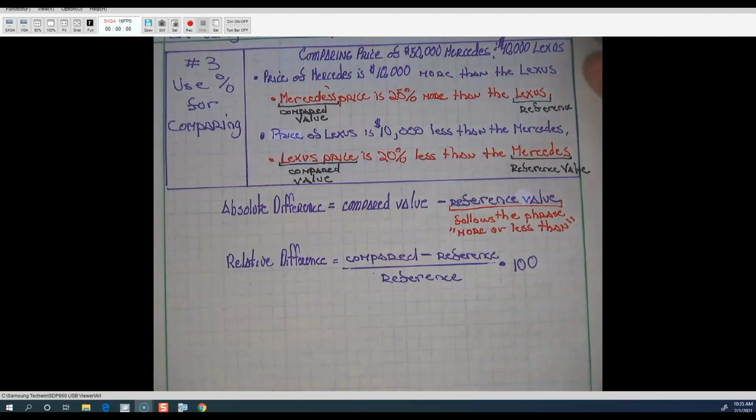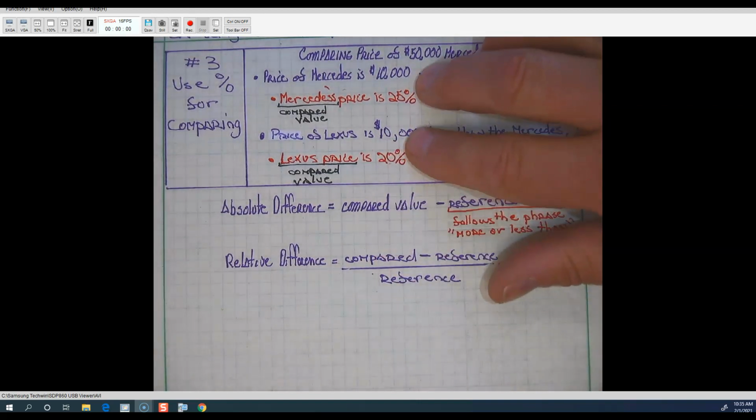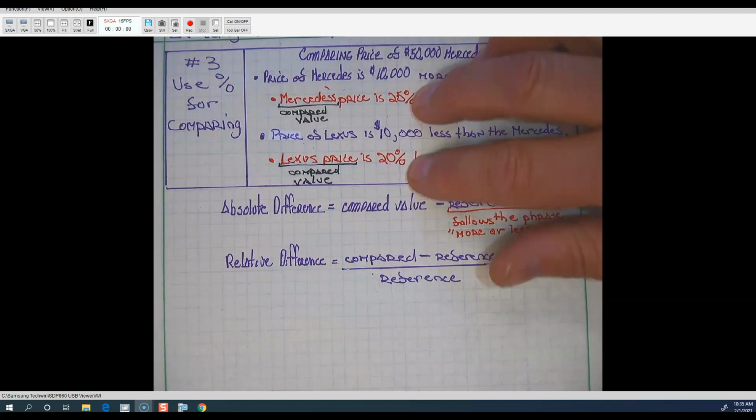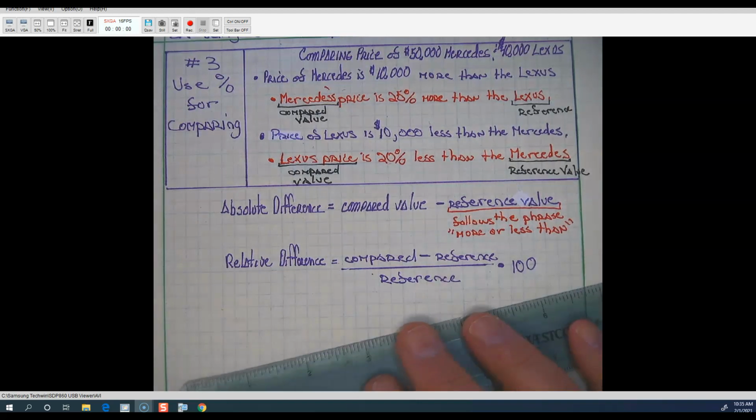Okay, so let's see how these two percentages are calculated. Why is one 25% and the other one only 20%? Okay. All right.